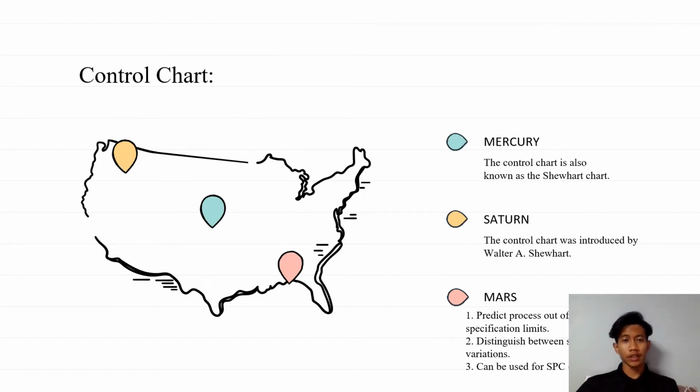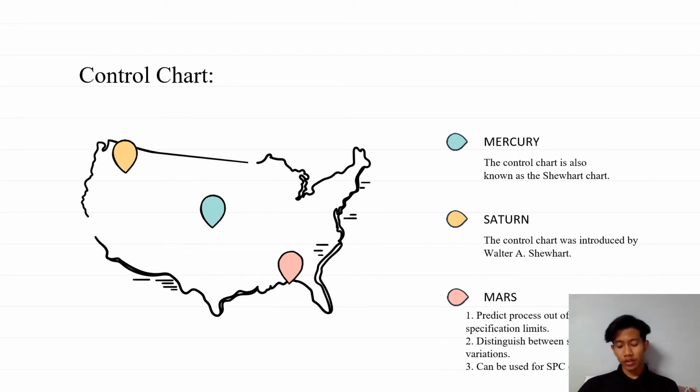Next is a control chart. If you can see in the slide, we got three colors: cyan, yellow, and pink. Cyan is Mercury. The control chart is also known as the Shewhart chart. And the yellow, Saturn.